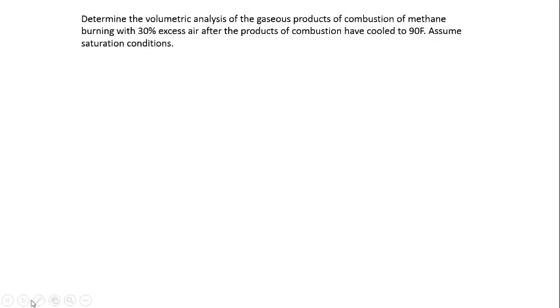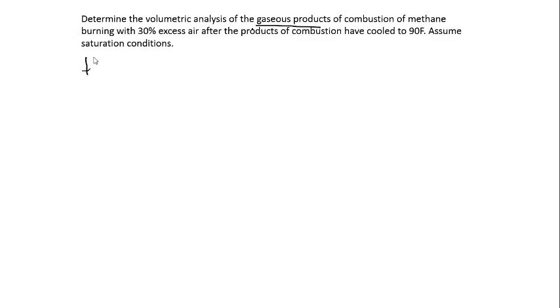But if you look at the product side of the combustion of methane, there's water present. The question is how much of the water is gas and how much is liquid. So that comes into play here, because if you're looking at gaseous products, you have to figure out how much of it is gas and how much of it isn't.